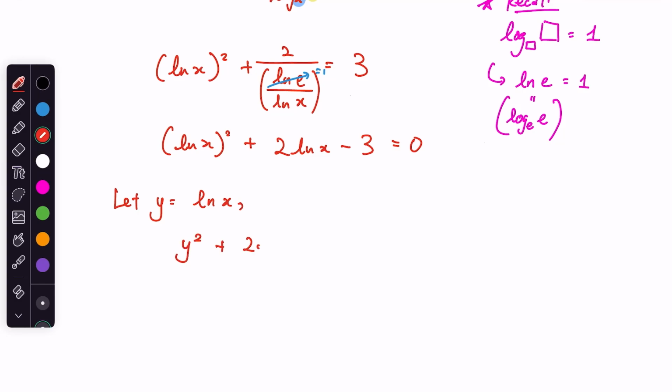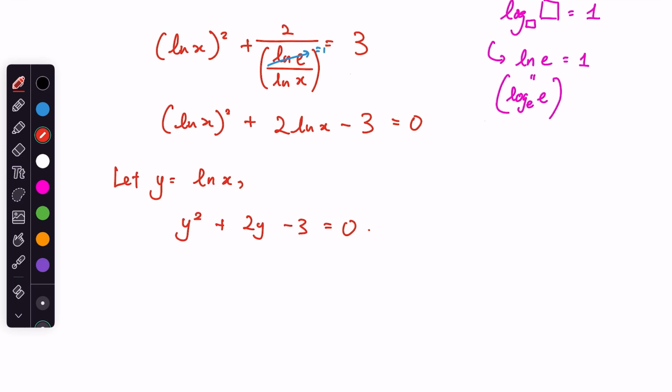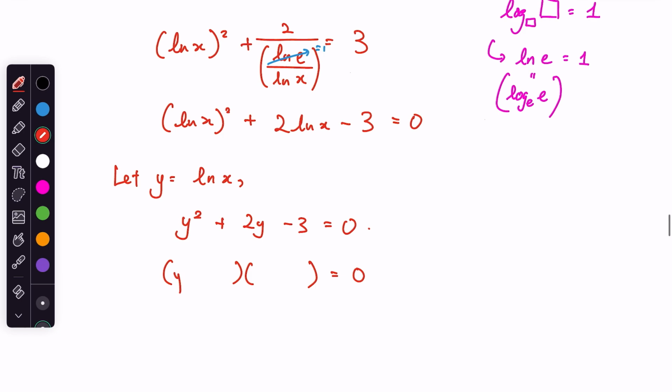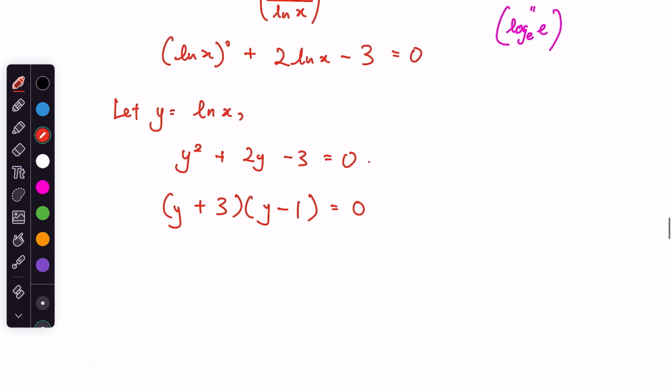I will get this simple quadratic equation to solve. This quadratic expression can be factorized quite easily. So I'm just going to do that here. So it's plus 3 and then minus 1. In this case, this will mean that y equals to negative 3 or y equals to positive 1.